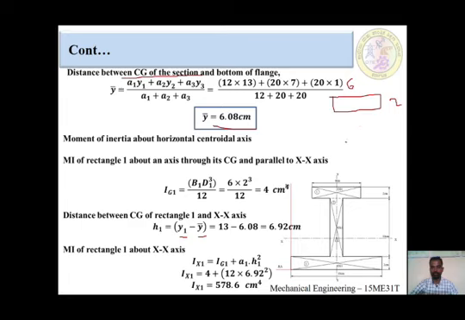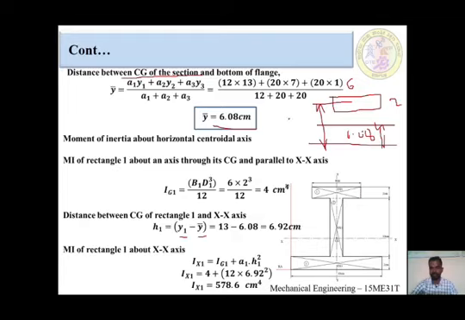Okay, for better calculation, from here to here is y bar. How much did we get? We got 6.08 as the y bar value. From here to here, we have 2 centimeter plus 10 centimeter plus 2 centimeter. This is the y1 value.